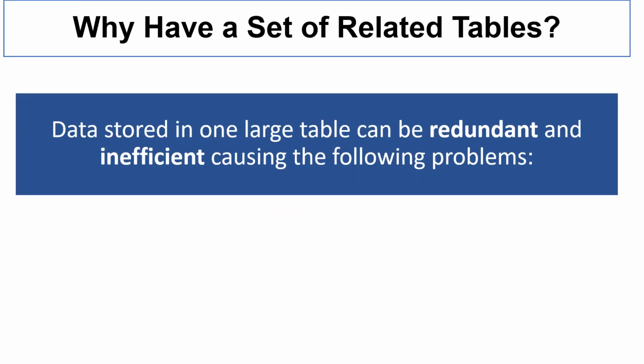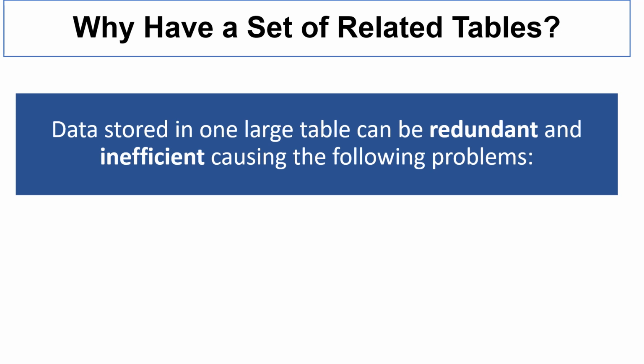Why should we have a set of related tables? Why not just store all of this data in one table, rather than a set of separate tables connected to each other through foreign keys and primary keys?